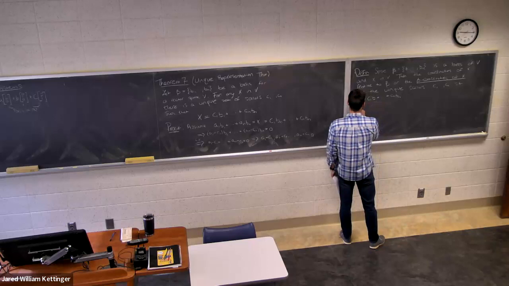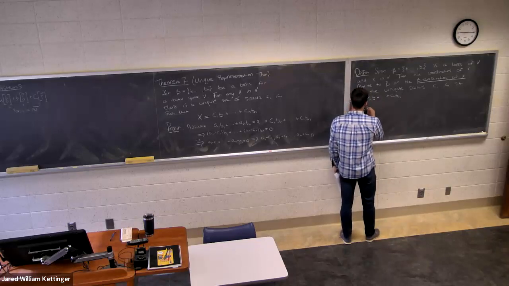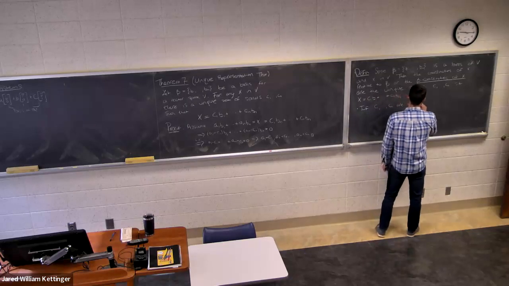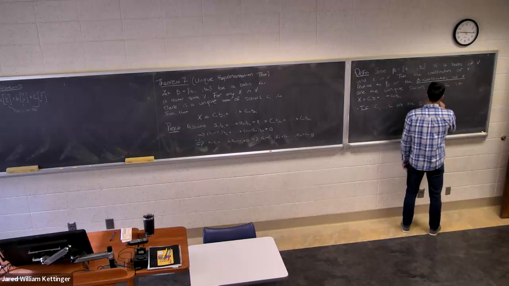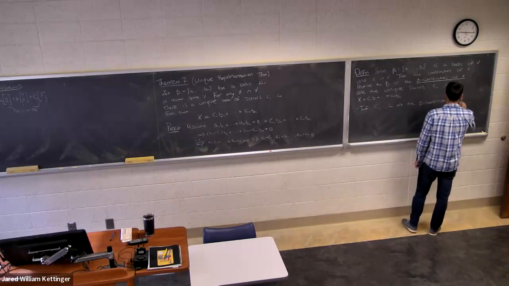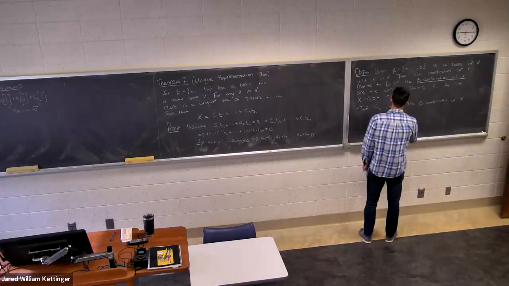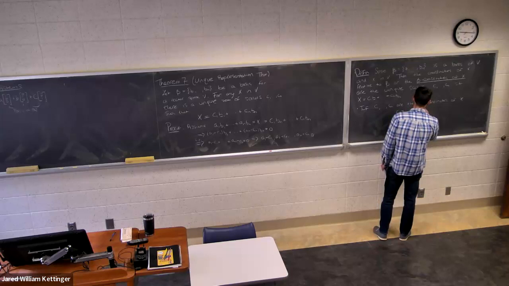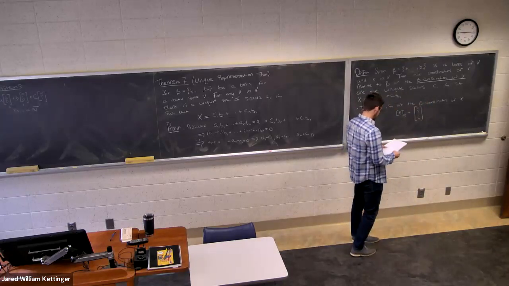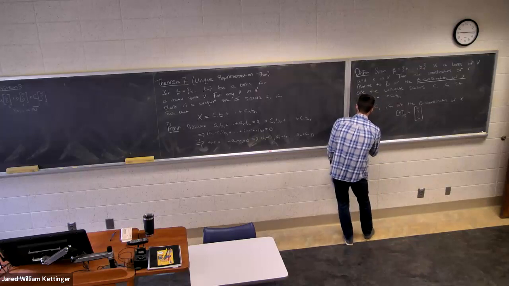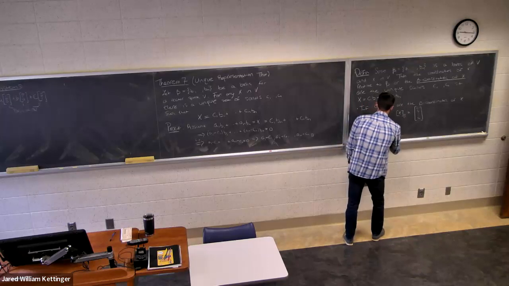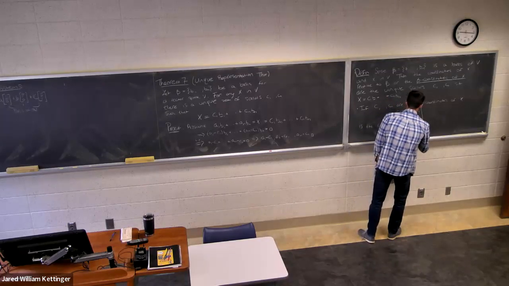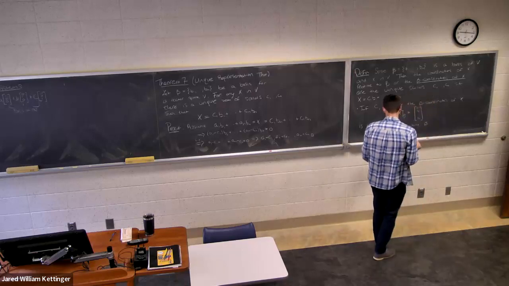All right. Continuing with this definition. If these C1 through Cn are the beta coordinates of x, then introducing a new notation, this we refer to as the coordinate vector of x with respect to beta, or we call it the beta coordinate vector.